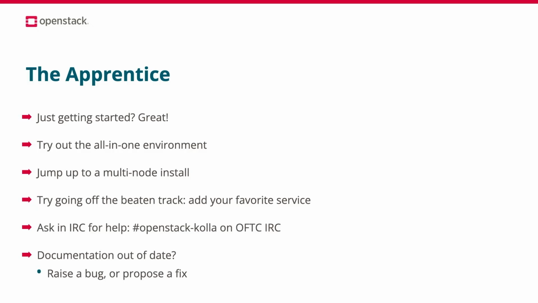Try going off the beaten track, like enable some service that is not in the core OpenStack services that we deploy by default, like Octavia, Masakari, and other things. If you need help, come to the OpenStack Kolla channel on the OFTC IRC network and just ask for help.